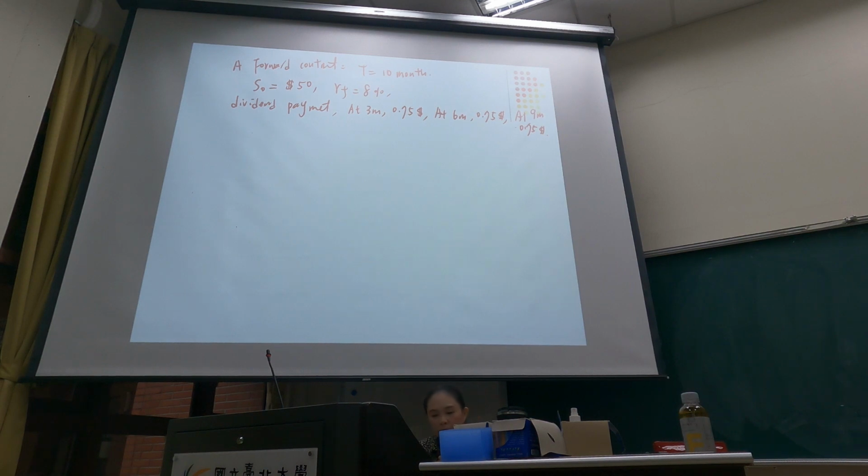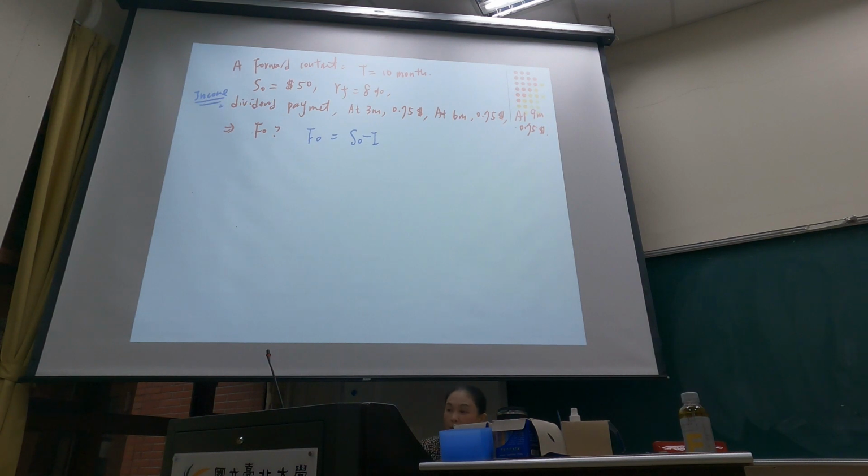Okay. So the question is F0. First of all, writing down the formula. F0 equals S0 minus I, because these are income, right?